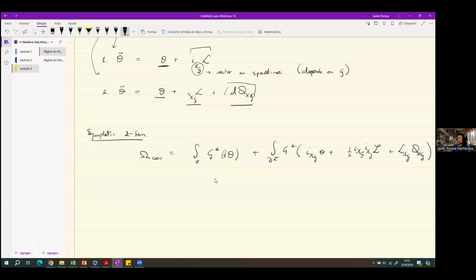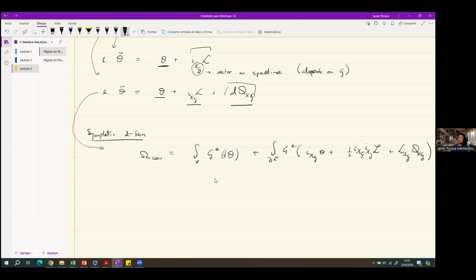If we take this expression from the second point of view and compute the symplectic two-form, what we are going to do is compute the exterior derivative of this object, the exterior derivative in solution space. When we do that, we have to integrate over a three-dimensional surface. We can call it sigma if you want.